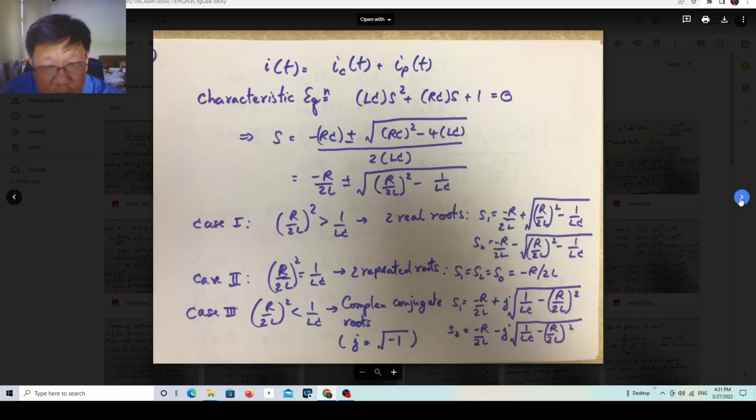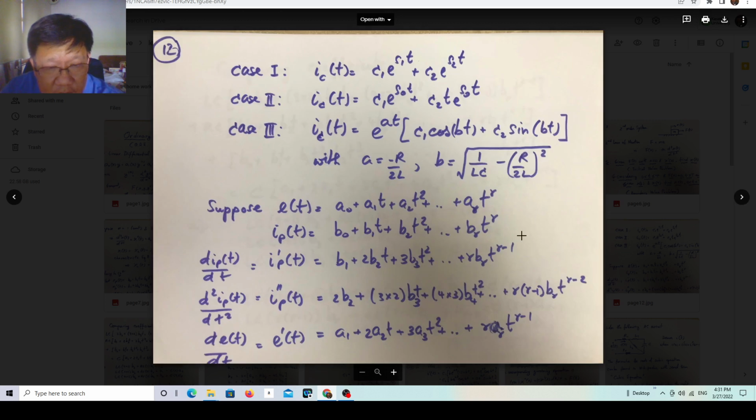So it's similar to the very first example for the particular solution. We have a similar formula, but just a different coefficient, because the unit on the left hand side and the function of I and E is different. So you need some transfer from A0, A sub 1, A sub 2, up to A sub R, to B sub 0, B sub 1, B sub 2, up to B sub R.